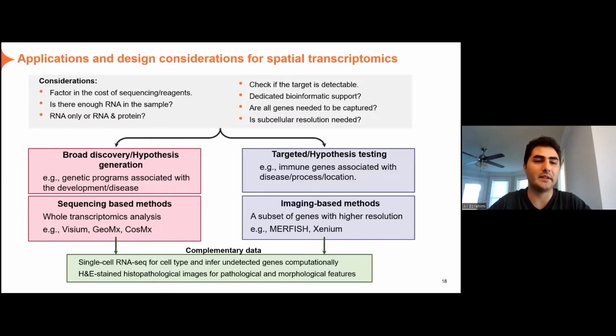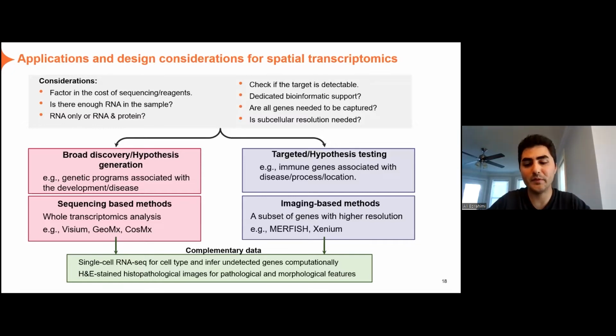But in addition to cost, when choosing the technology, you want to look into if you want to do RNA only or RNA and protein together, since some technologies do allow you to do co-expression of RNA and protein.